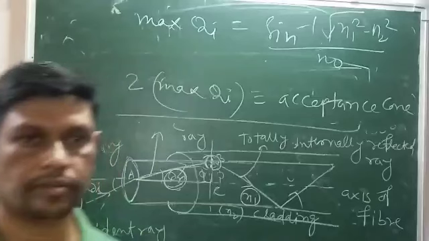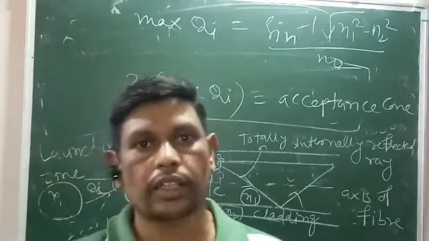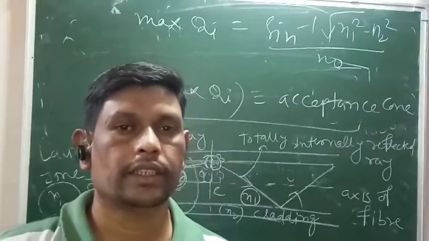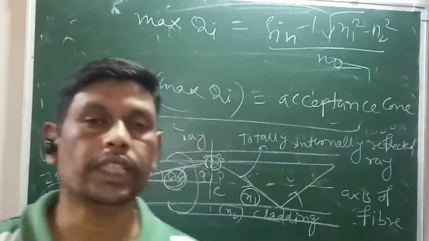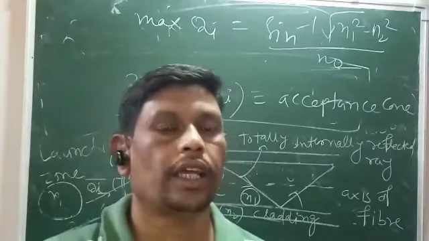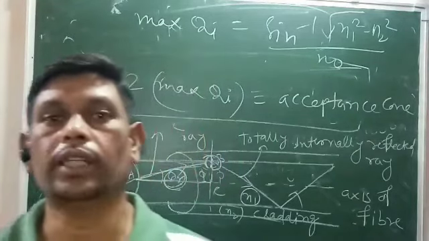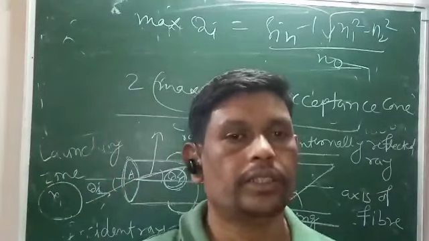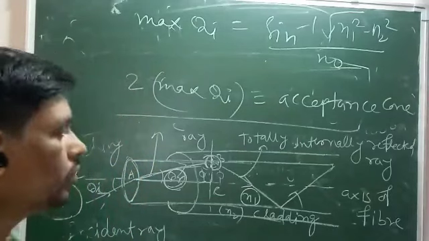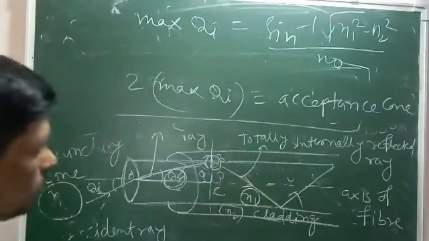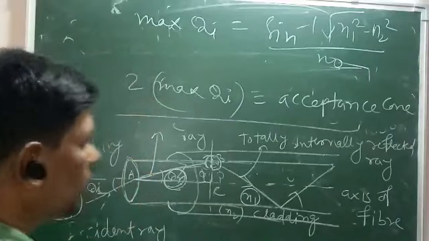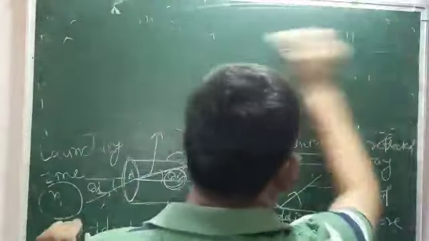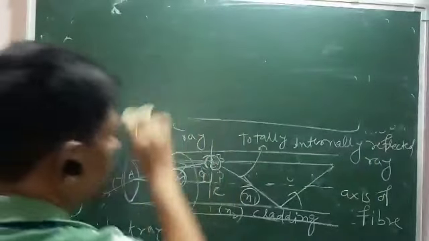Again we can repeat: the light contained within the cone having angle 2 theta I, accepted and transmitted through the fiber, is called the acceptance cone. So this is the principle of fiber optics. From that we can define numerical aperture, acceptance angle, acceptance cone.